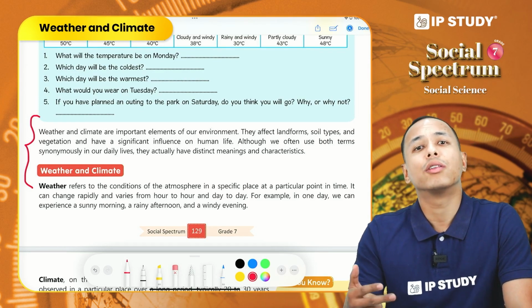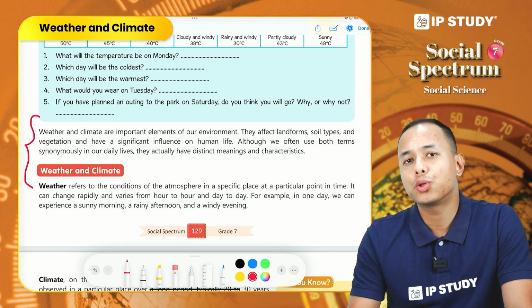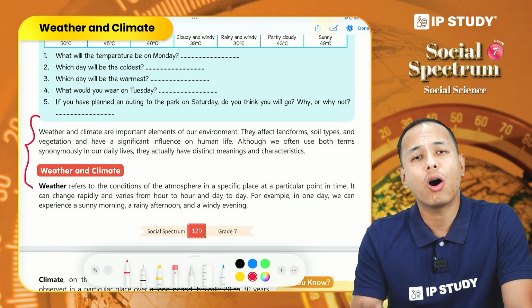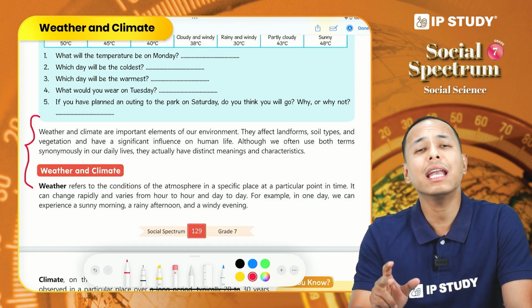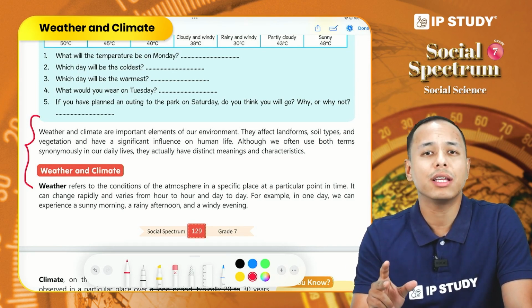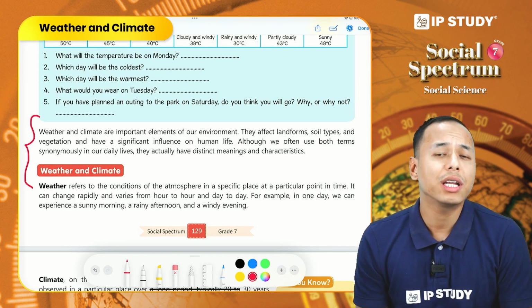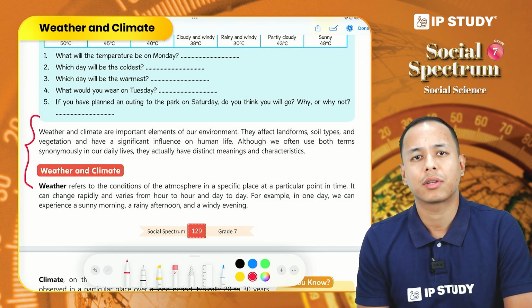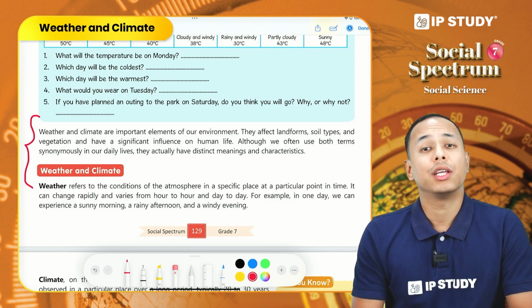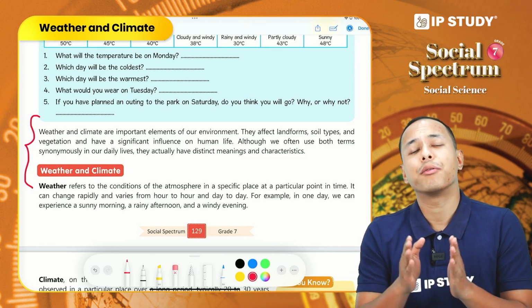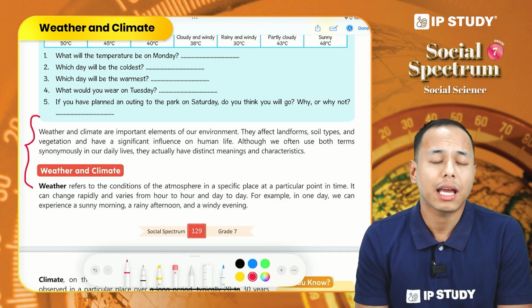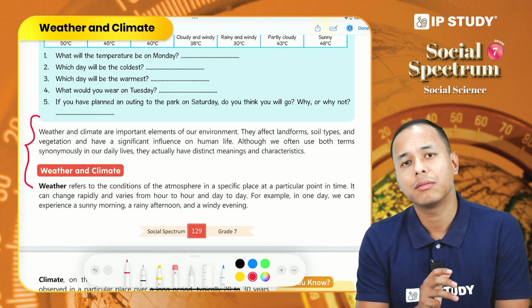For example, the food we eat, the clothes we wear, or even the type of houses we build. We often use weather and climate interchangeably, but in reality their definitions, meanings and characteristics are distinct.